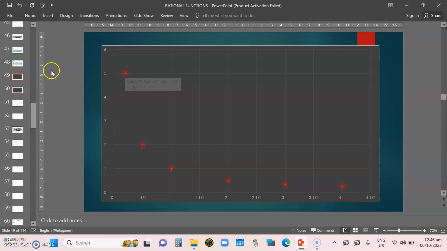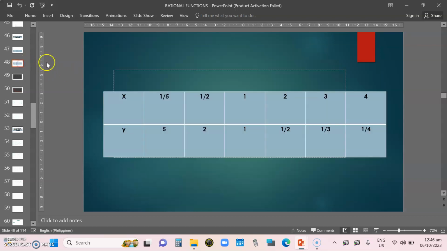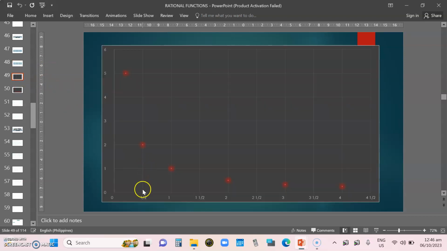Okay, next. Go back to our table of values. 1/2, 2. This is our 1/2, and this is our 2. 2 units up. So 1/2, 2. This is our 1. After locating all of the table of values, this is already the plot.